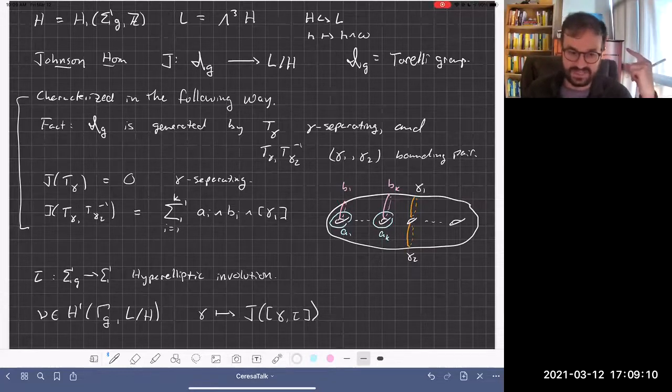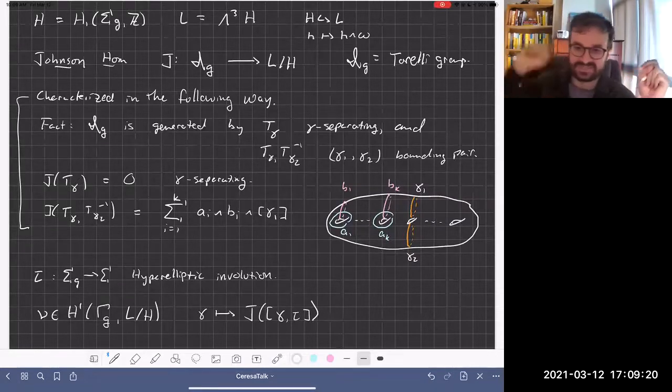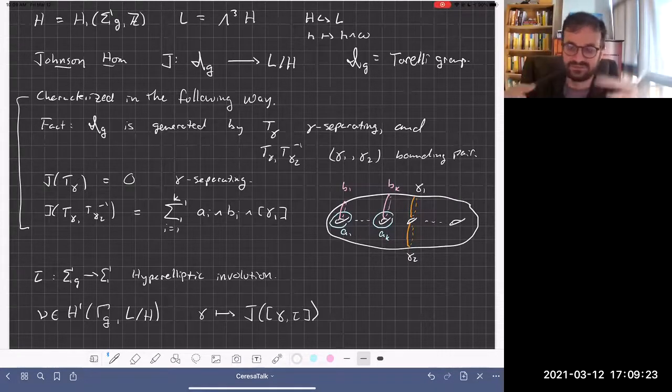Notice that if you take any element in the mapping class group, because tau maps to the center of the symplectic group on H, the symplectic representation of this commutator goes to 0, because the symplectic image of tau commutes with everything.